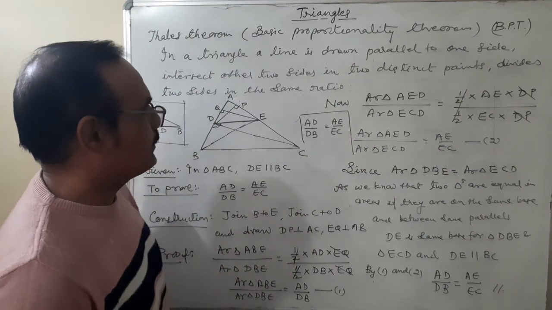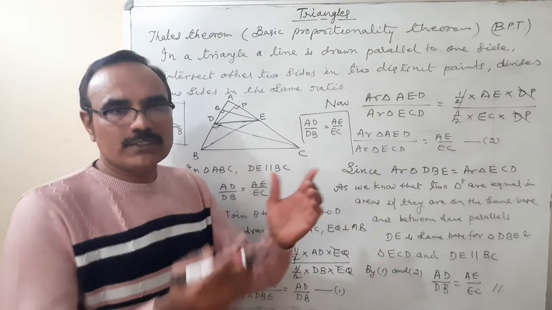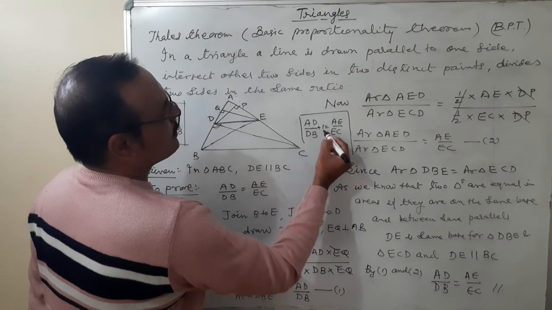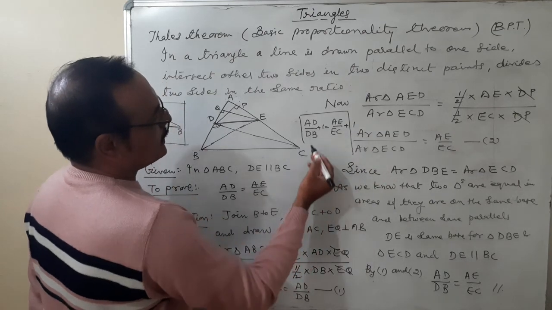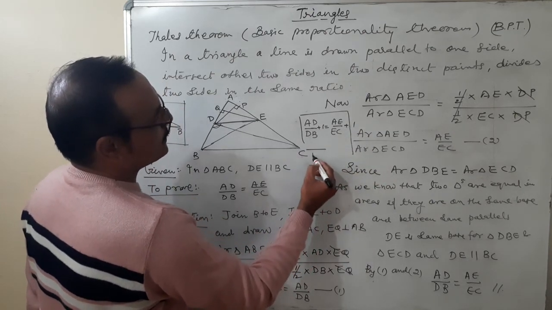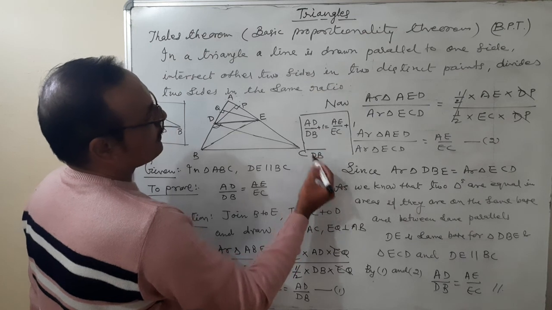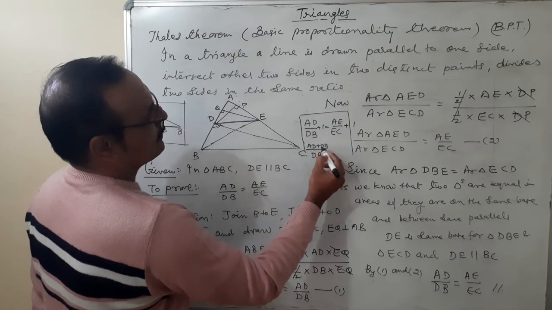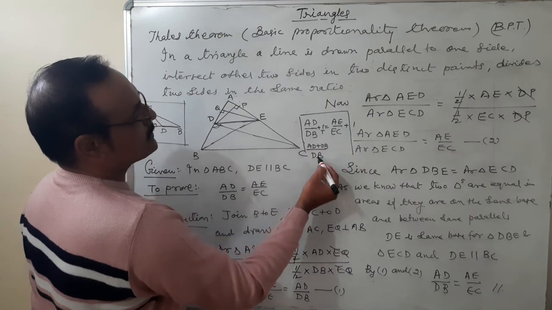adding 1 on both sides, because this is an equation. On the equation you can add 1 to both sides or subtract 1 from both sides, there is no problem. Then you will see what the result is. DB remains as it is. It is AD plus DB, because the LCM is DB.